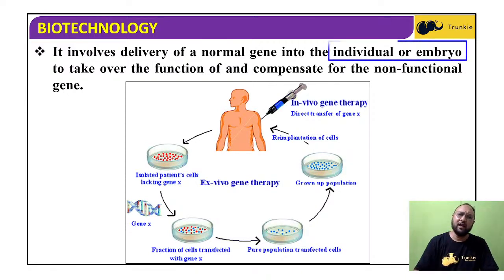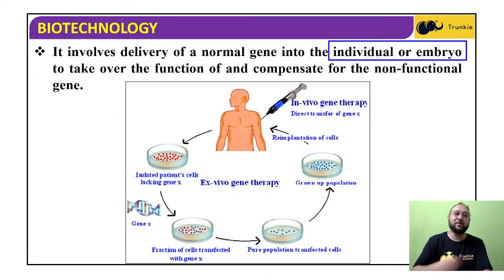Okay, and then the in vivo gene, and then from there we can isolate the patient cells lacking gene X. So what is it? We are directly transferring gene X into the patient's body.